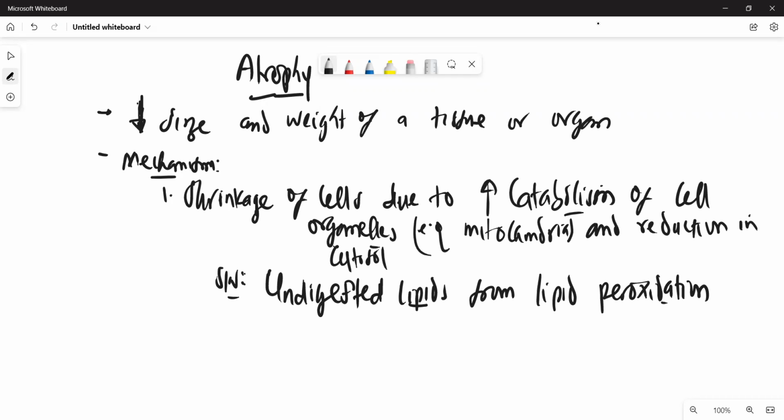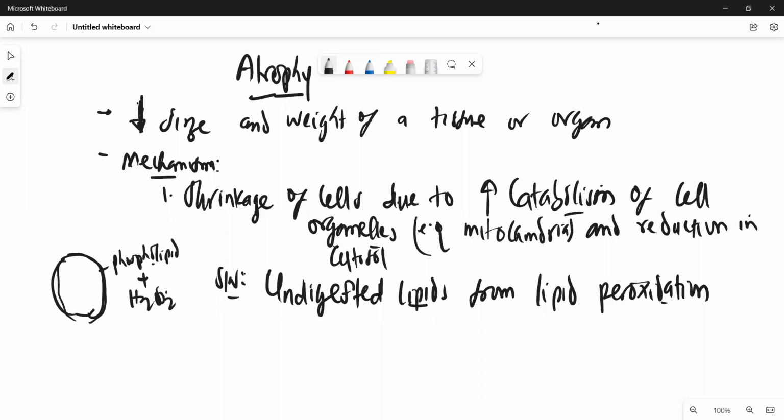So basically, what lipid peroxidation means is that when you look at the cell, remember, in the cell we have a cell membrane, and the cell membrane is made up of phospholipid. So this phospholipid, sometimes a free radical can react with it, example like hydroxyl free radical.